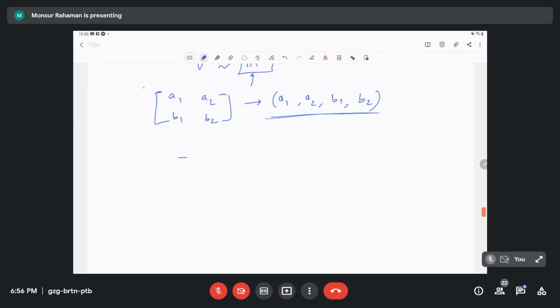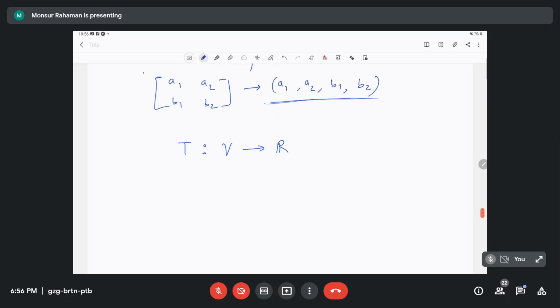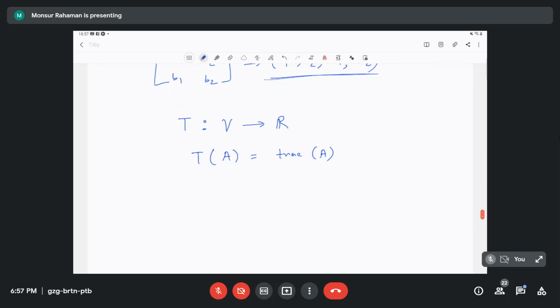So this is V, all n by n matrices, to R. Let's define it: the matrix A goes to its trace of A, the addition of all diagonal elements. This will form a linear transformation, and because the codomain is a field, it is a linear functional.